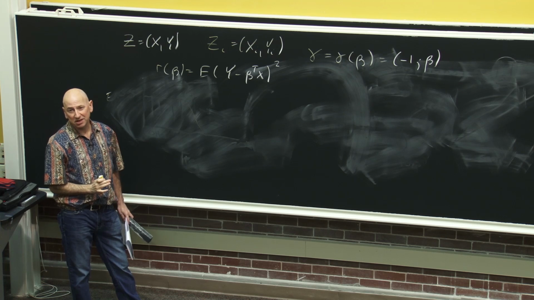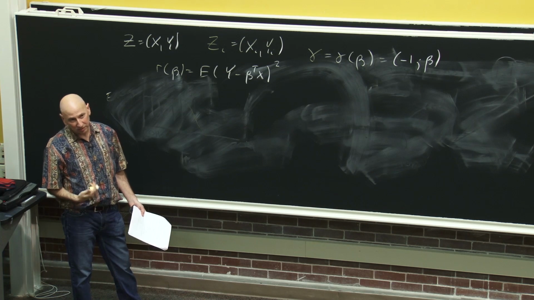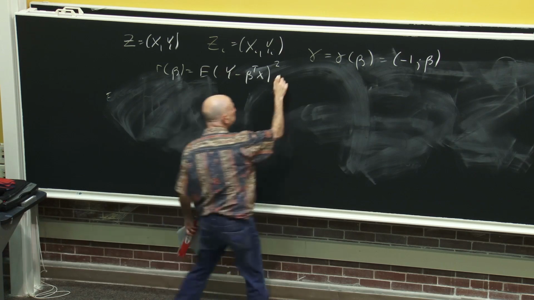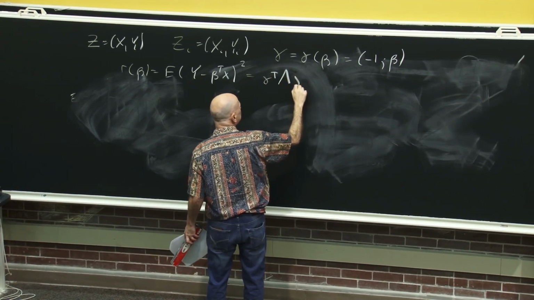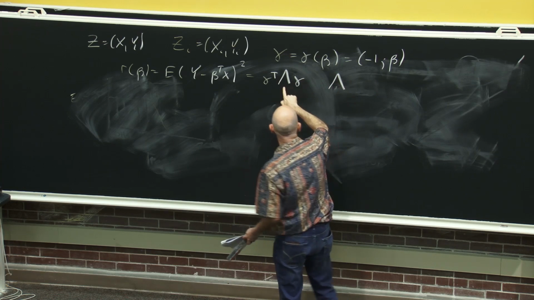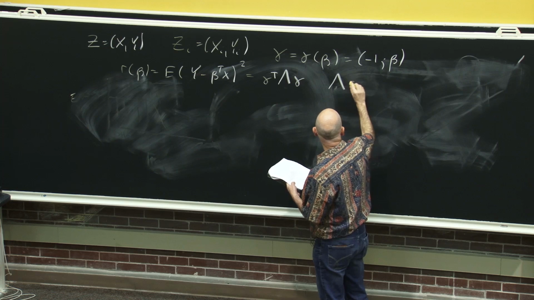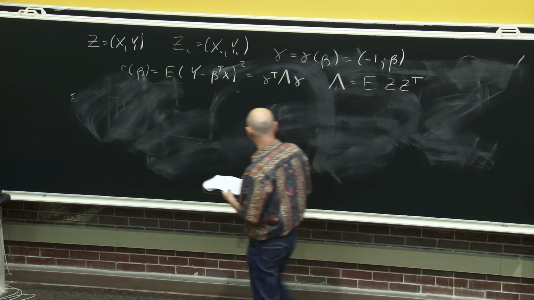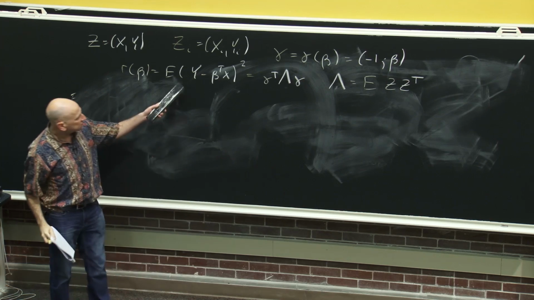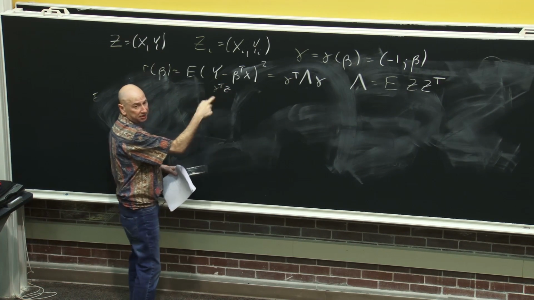It's going to make all of the notation far easier, but also it makes it clear we're just dealing with some sort of quadratic form. This is nothing other than gamma transpose lambda gamma, where lambda is the expected value of z z transpose. Right? Because you can just see this is gamma transpose z here, and then we're squaring it and taking the expected value.